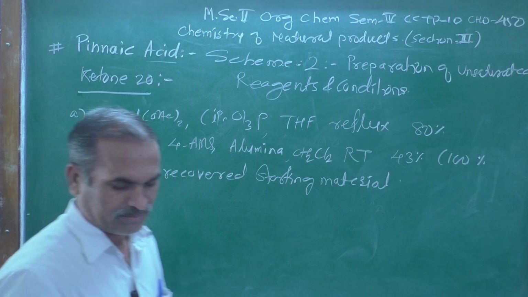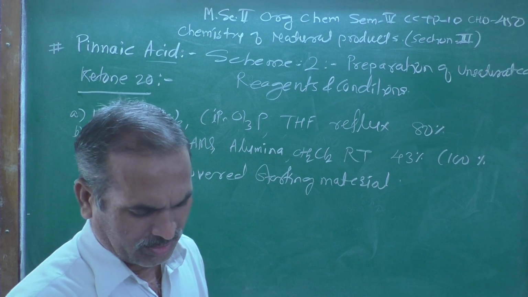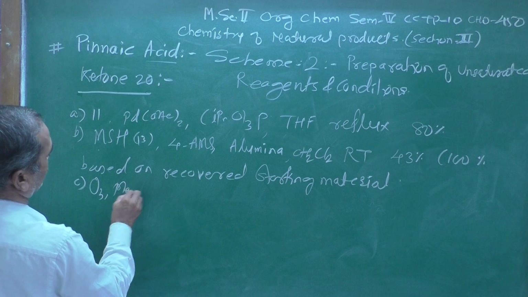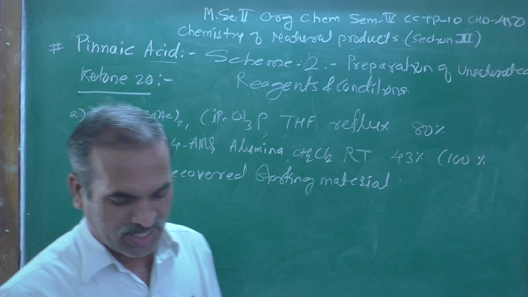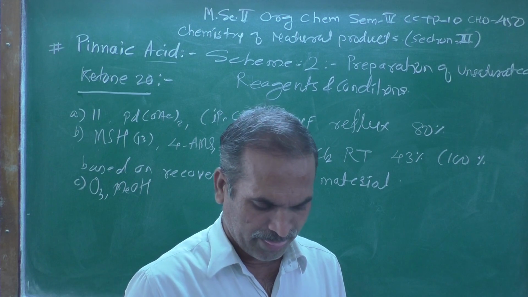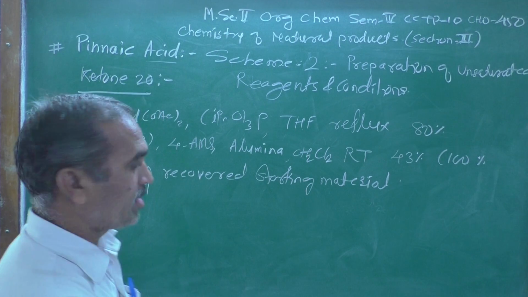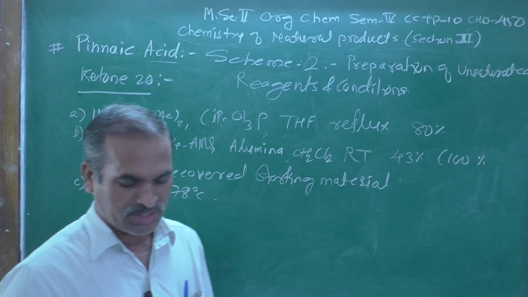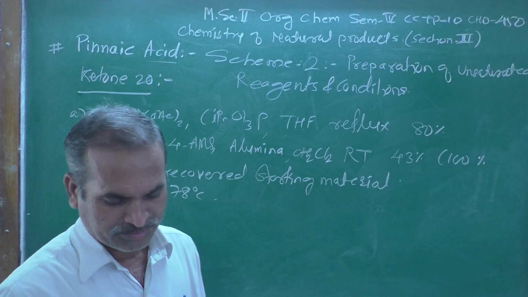C will be O3, ozonolysis, with O3 in methanol used as the solvent, temperature kept around minus 78 degrees centigrade.